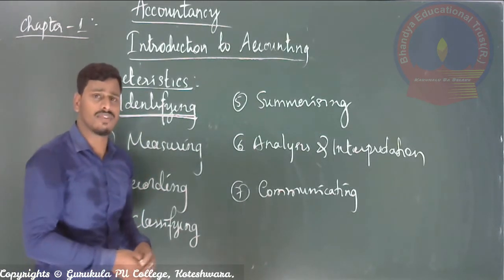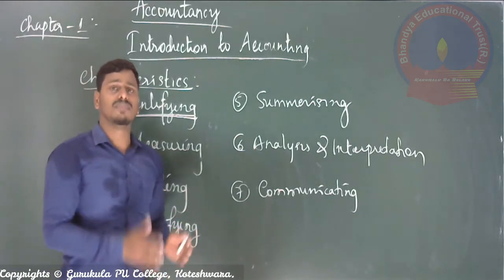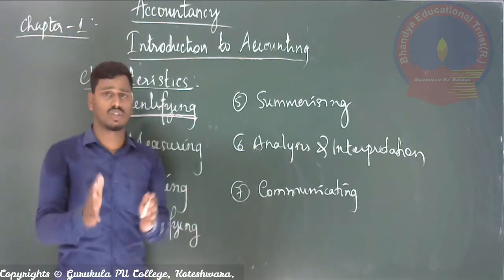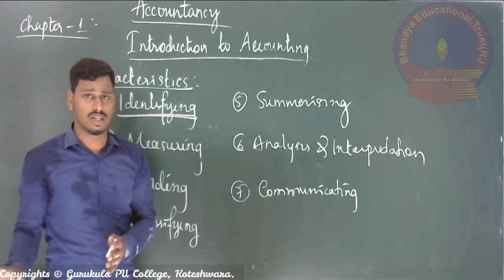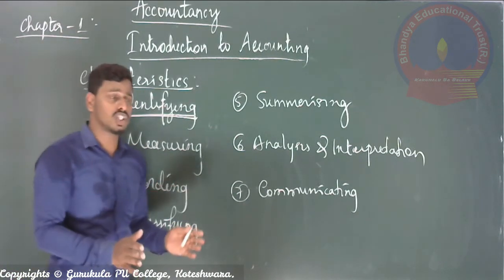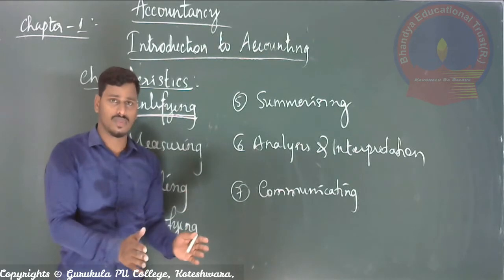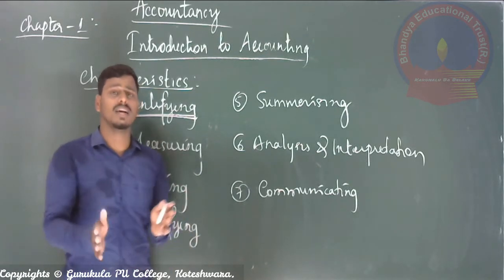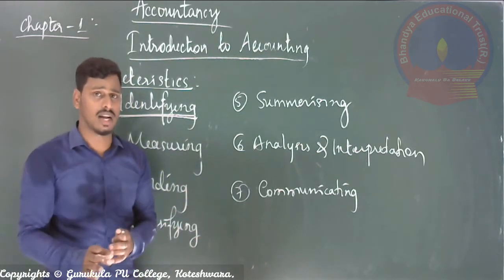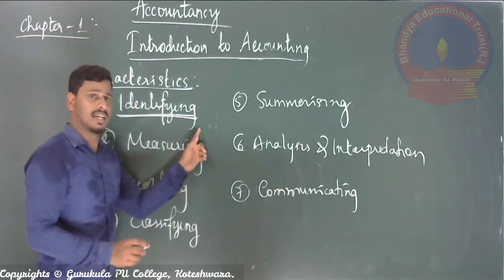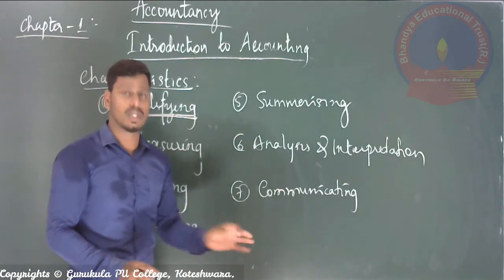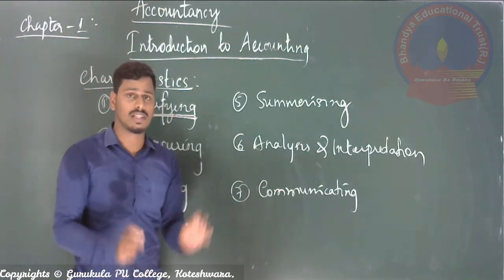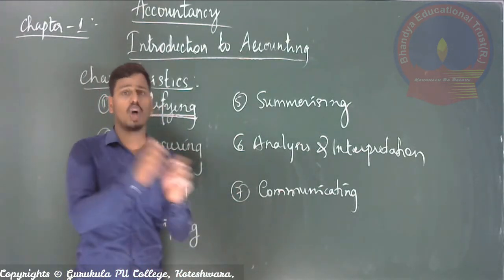So what is identifying? As I told, before entering a transaction in the books of account, everything has to be identified first. Correct? So identification of the many transactions which are done or going to be done day by day in the business organization is called identifying. Determining the various business events, various economic events which are to be recorded or not to be recorded.